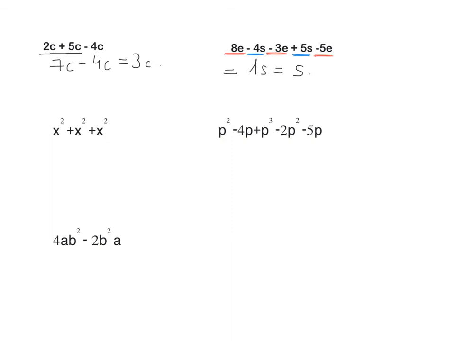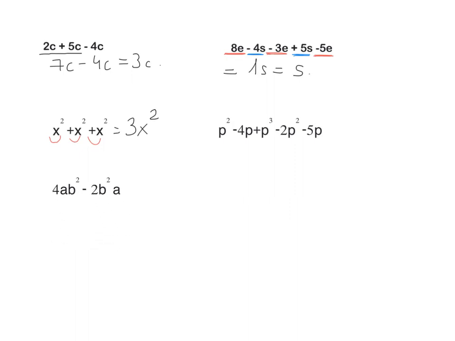We can add only like terms, so x squared plus x squared plus x squared equals 3x squared. Okay, so it's like we have one xylophone, and one xylophone, and one xylophone. We have 3 xylophones altogether.